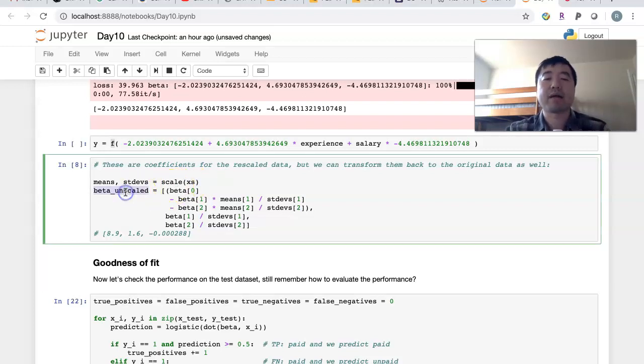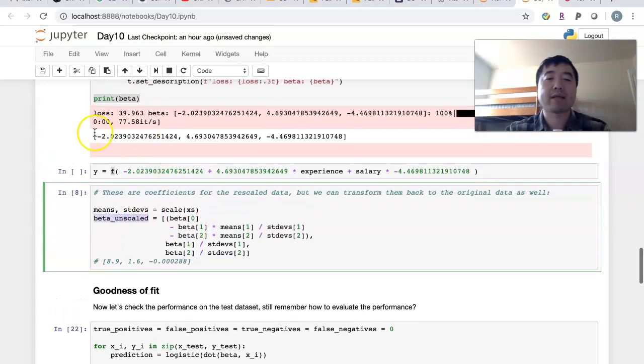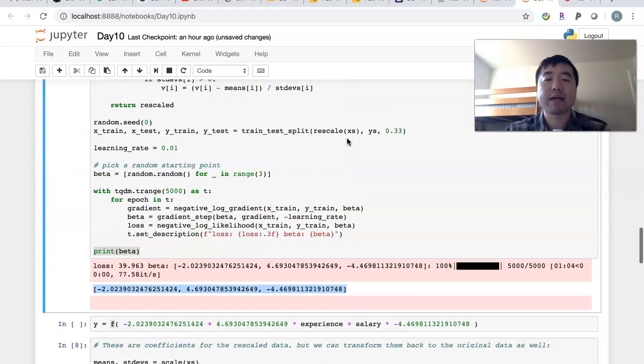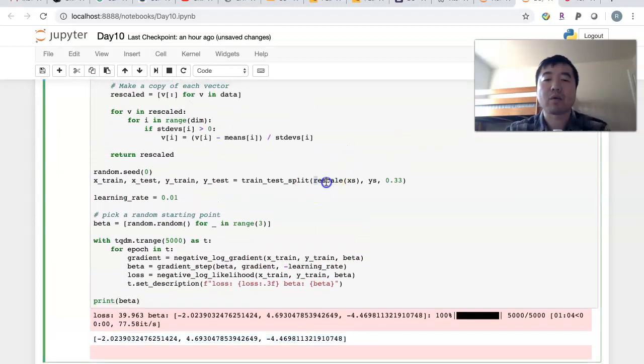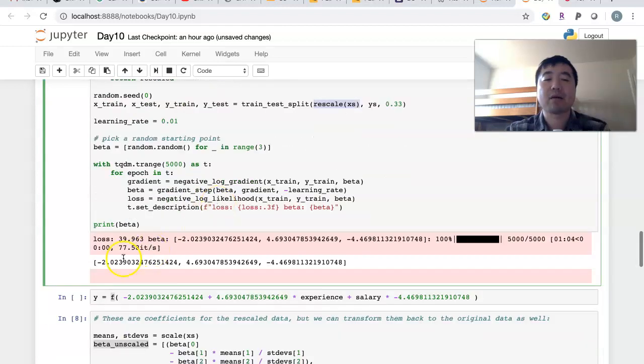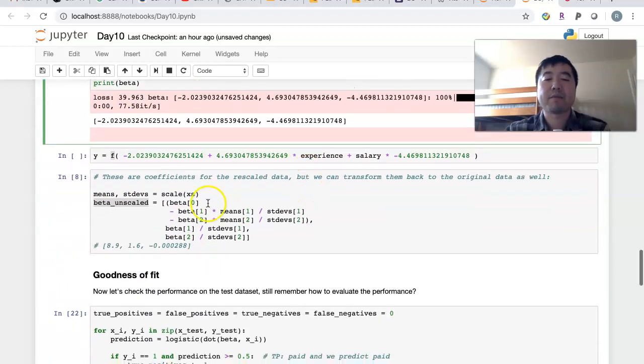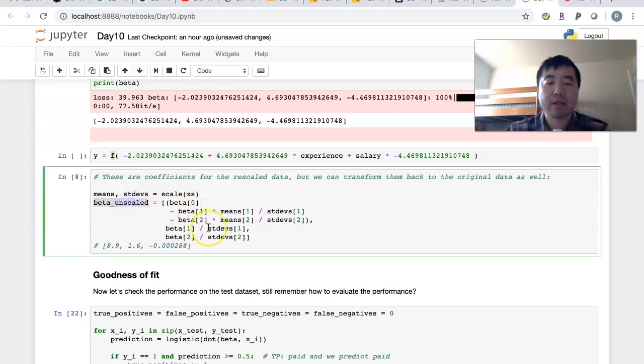So this is beta unscaled. The scaled one, we have it here. This is after we scale the input. Here we call rescale. After we rescale the input, that's the beta we got. But if you didn't rescale that, you probably need to get this beta unscaled.